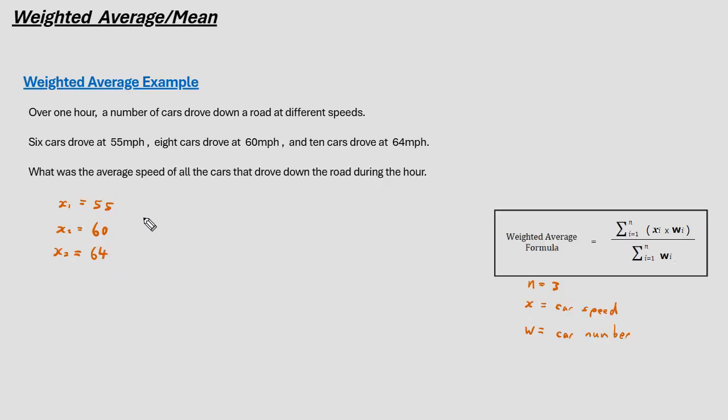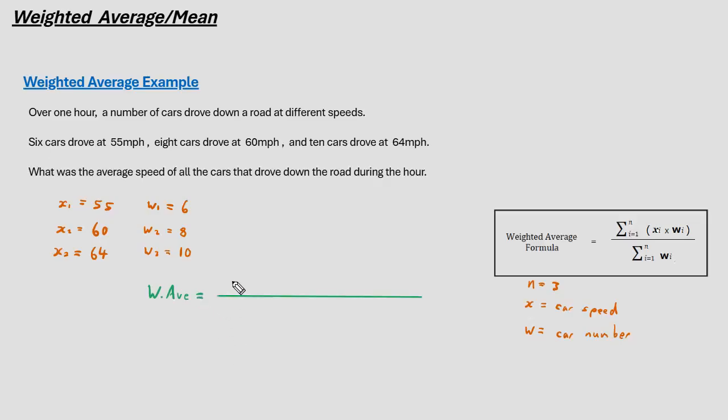And the corresponding weights: 55 has 6 cars at that speed, 60 has 8 cars, and 64 miles per hour, its weighting is 10. So now we have the data we can use to proceed working out the weighted average speed of the cars.